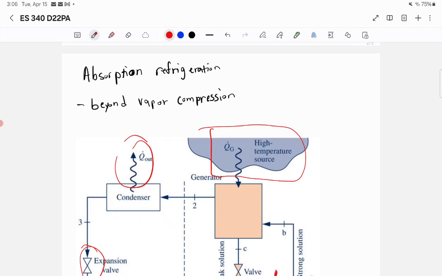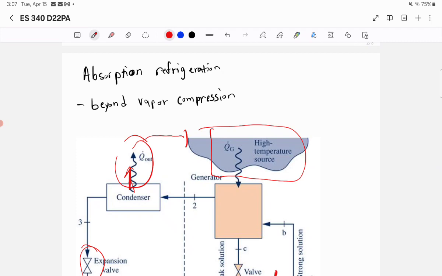Again, obviously, when you actually get into the engineering, sometimes other things pop up, right? But the idea here is that I have some high temperature source. Well, you notice that I'm at the condensing stage, I'm letting heat out. Well, that could produce your high temperature source for this step.